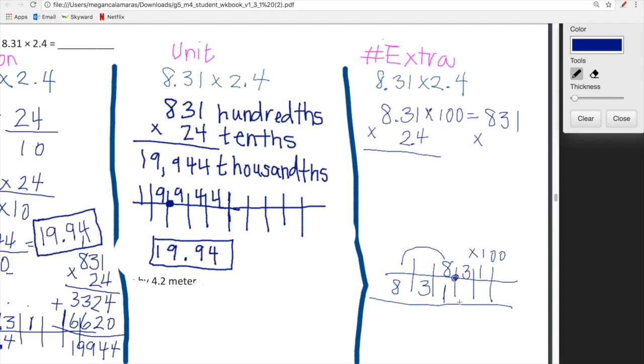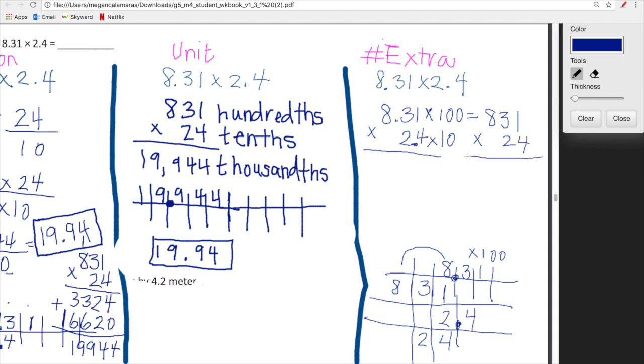When we multiply, sorry, this decimal, 2.4, we're going to multiply 2.4 times 10. When we multiply 2.4 by 10, these digits are going to shift one place value to the left, and 2.4 is going to turn into 24.